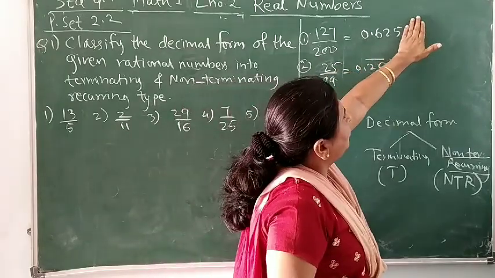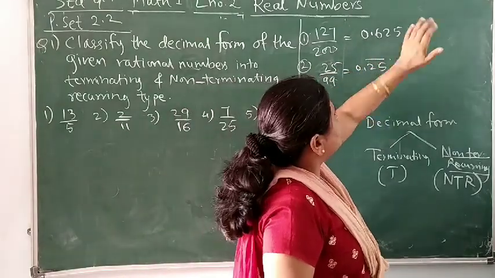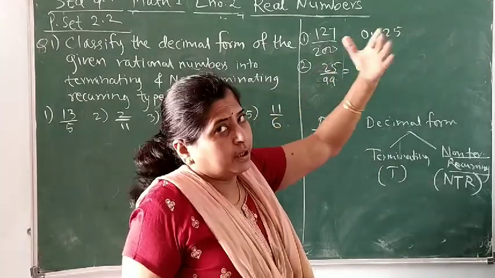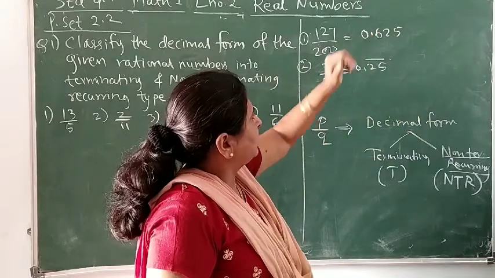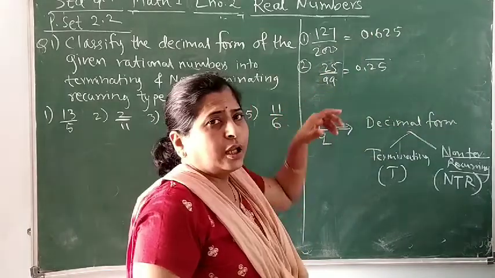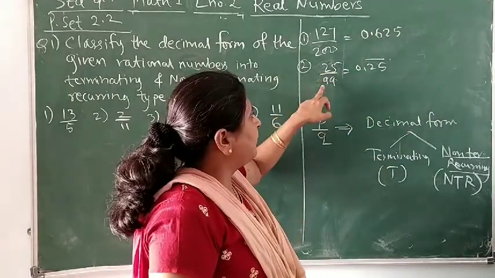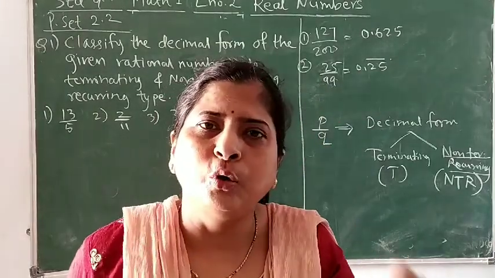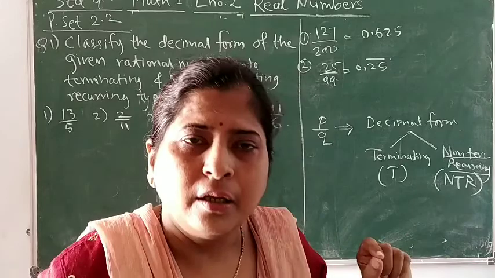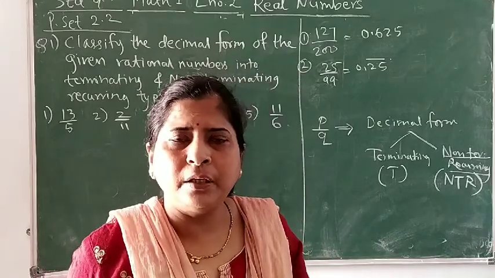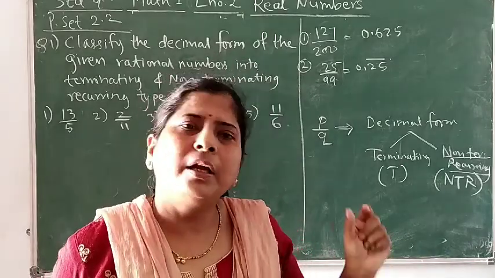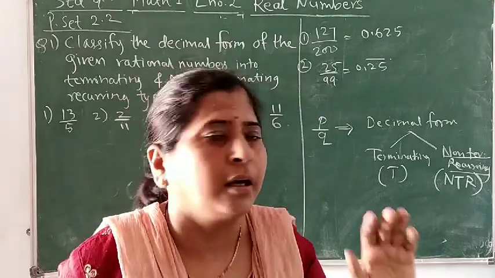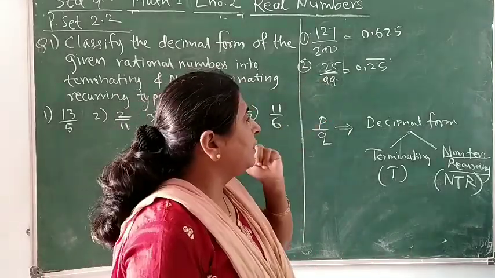After that we are not getting anything, so the division process ends. And when we divide 25 by 99 we observe that we get 0.252525 recurring. So the division process is not stopping, so it is not terminating, and we get the group 25 again and again, so it is recurring. So this is non-terminating recurring.